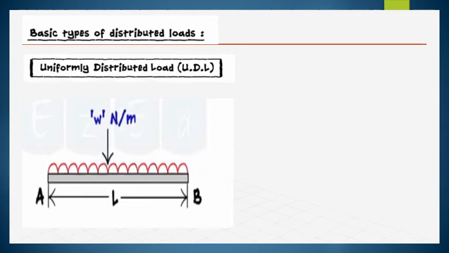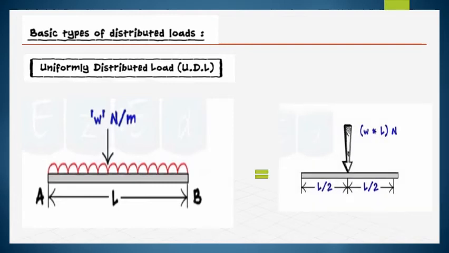The unit of the UDL is W Newton per meter. If you have to convert it to the equivalent load, its resultant load acts at the center point.